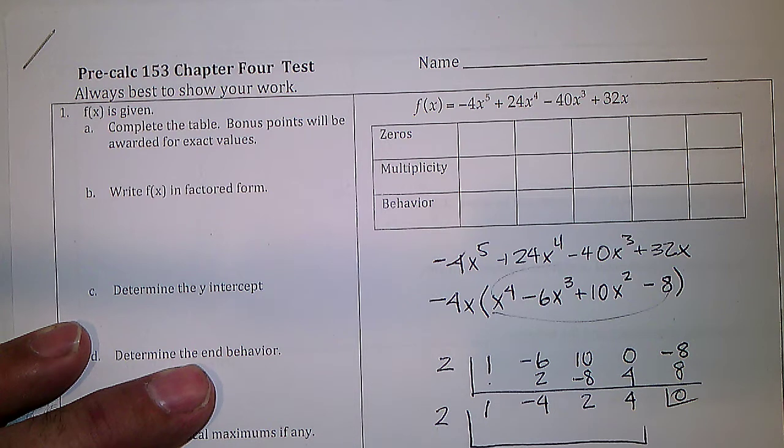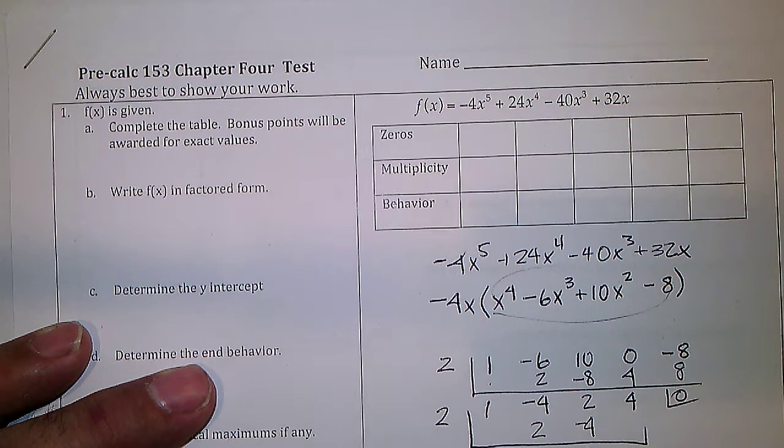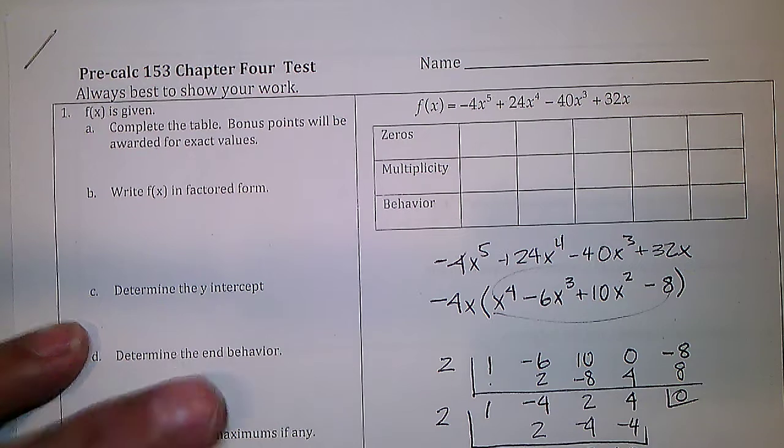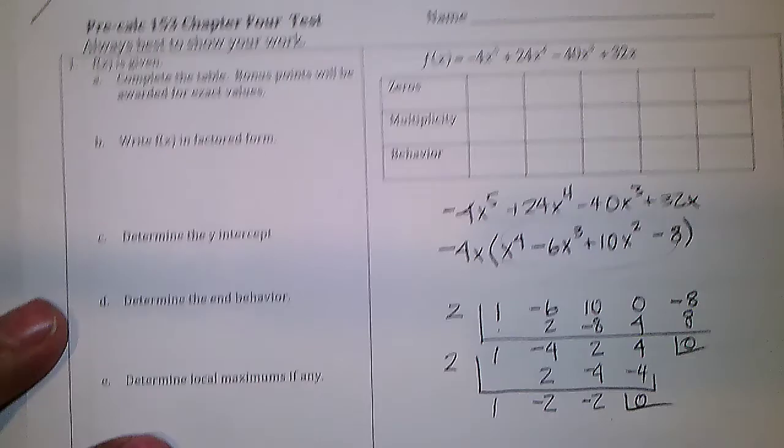So 1 plus nothing is 1 times 2 is 2. Add, and I get negative 2. Multiply, negative 4. Add, multiply. And it did go in evenly again.